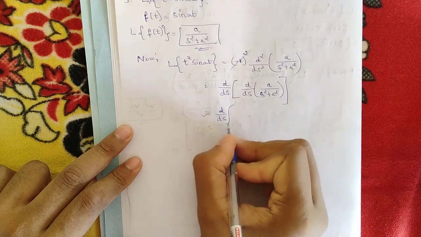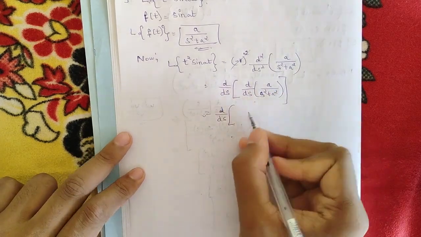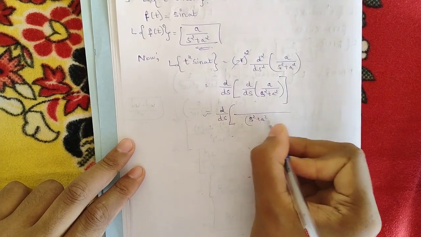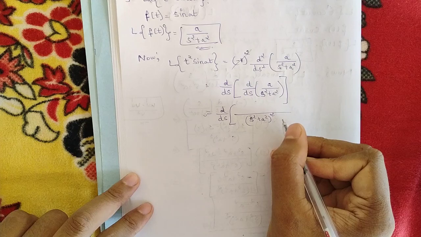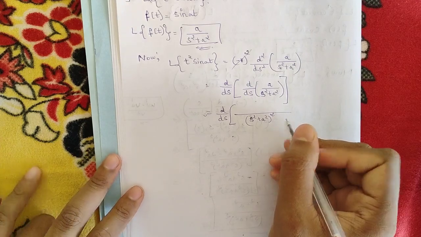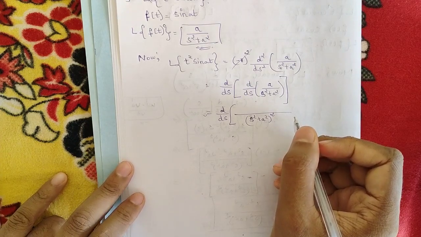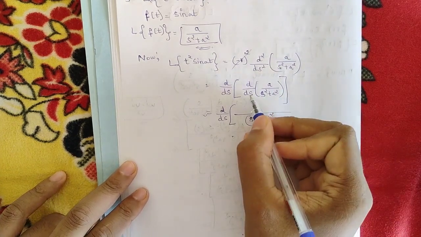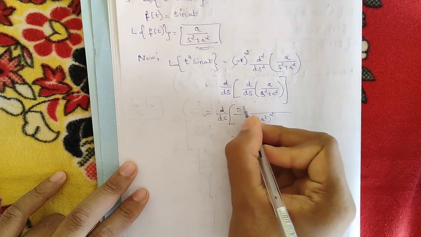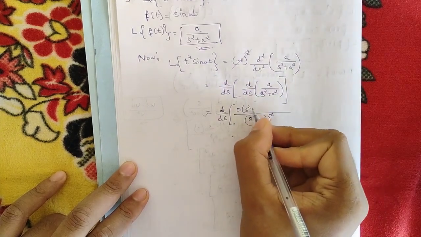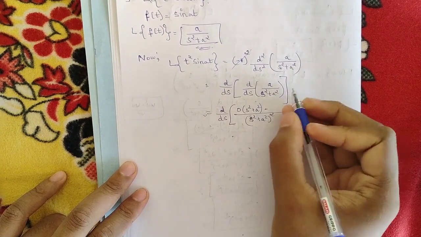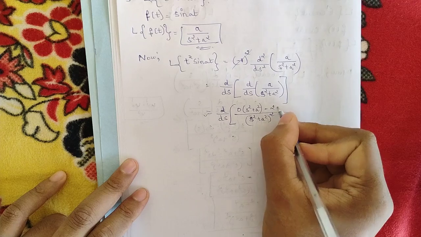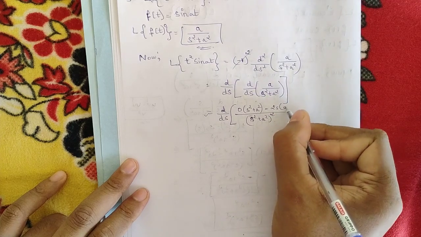d by ds into, first here again apply the u by v rule, the denominator square, that is (s square plus a square) the whole square. Now the differentiation of the numerator with respect to s: we don't have any s term, so that is 0 into the denominator as it is, s square plus a square, minus the differentiation of the denominator with respect to s, so it is 2s into a as it is.